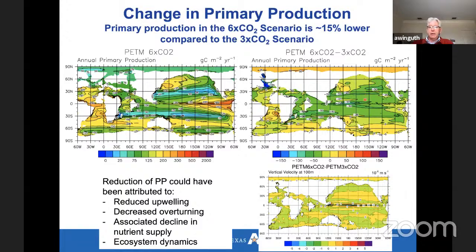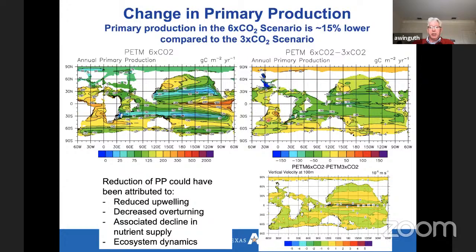Of interest is that we find here similar patterns with the more complex CESM 1.2 than we found with CESM3. So we see actually the reduced productivity at the equatorial upwelling belt. This is due to reduced upwelling in this equatorial region.